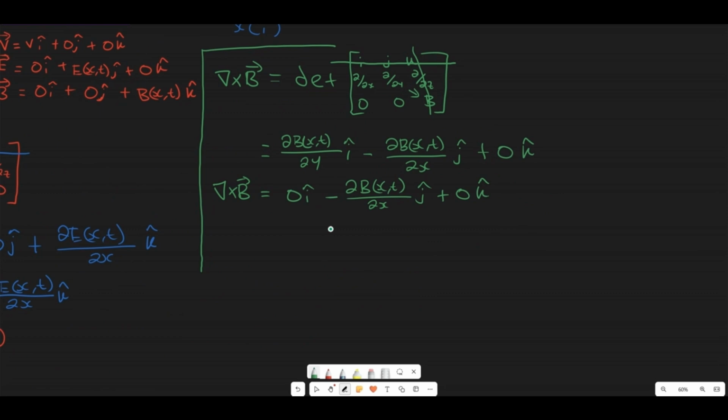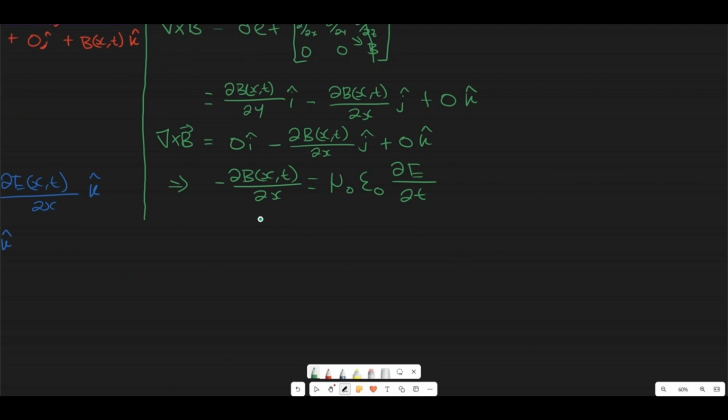So it follows that minus partial B of x,t by partial x is equal to mu naught epsilon naught partial E by partial t.